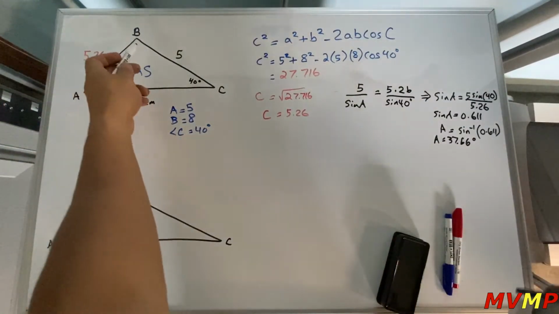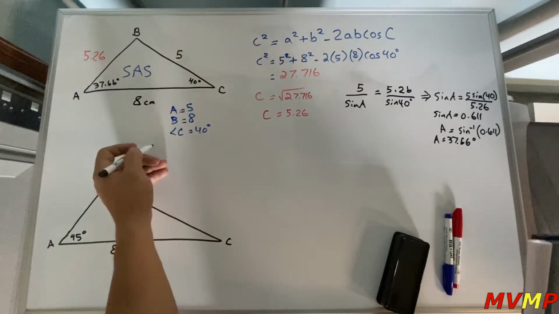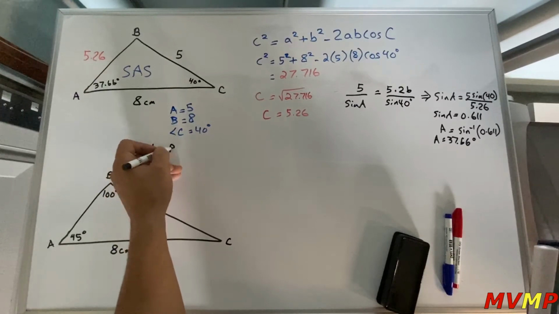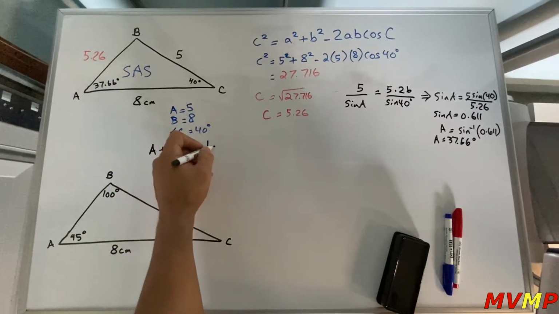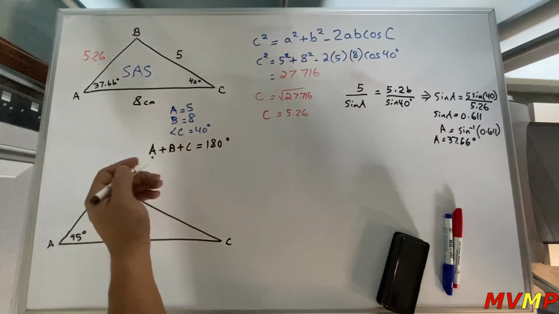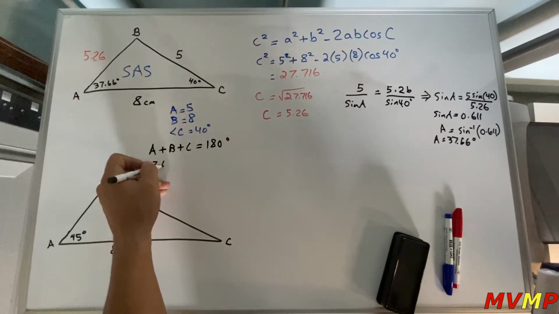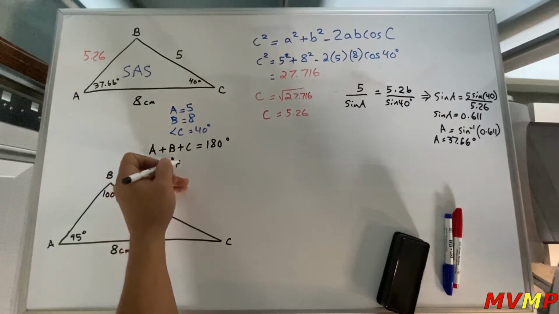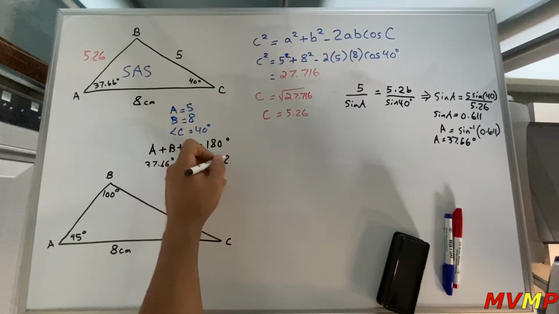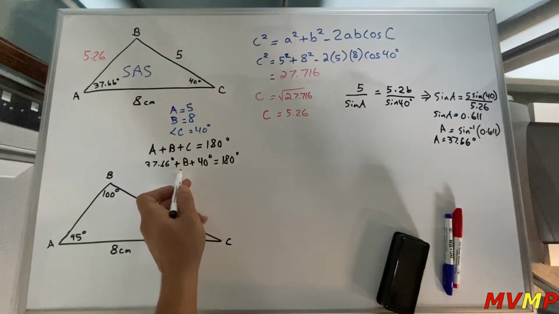And now it's really easy to find B because we know that angle A plus B plus C must equal 180 degrees. We already know A, we already know C. So this is going to be really easy.